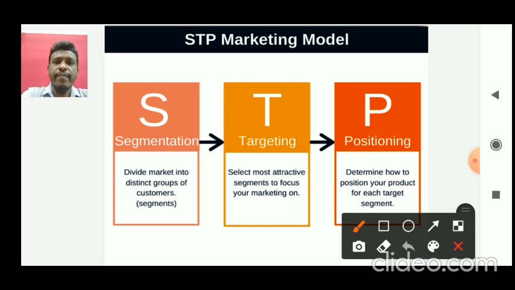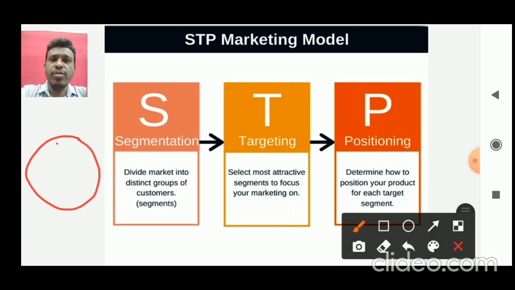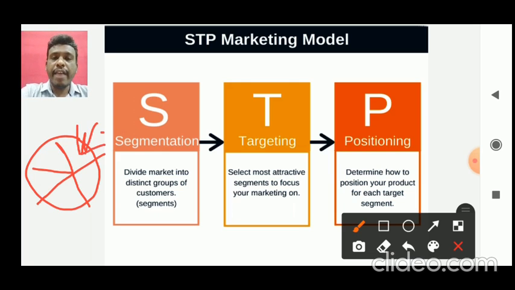Suppose you have an entire market which you are going to divide into various segments based upon common characteristics, that is, based upon the commonalities between them. All the people in a segment will have a common feature or attribute, or common characteristics. They behave in the same way to marketing stimulus.